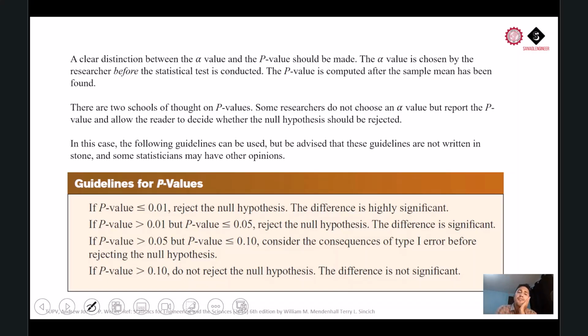In other words, if you have already set the significance level or alpha from the start and you change it in order to reject the null hypothesis, that is not allowed. It should be set before the hypothesis testing because otherwise you are manipulating the data. Okay, so let's continue.